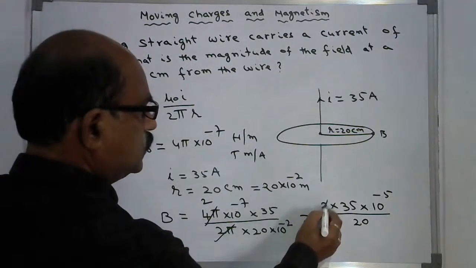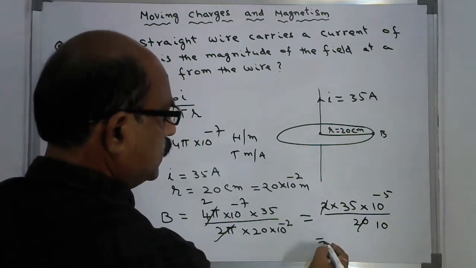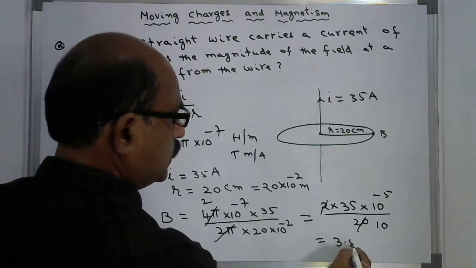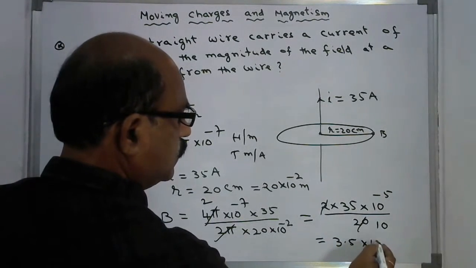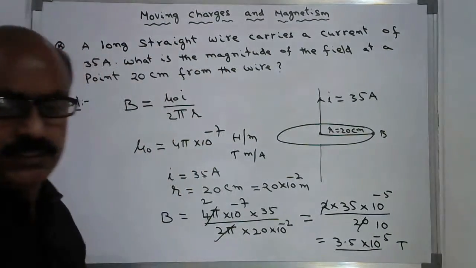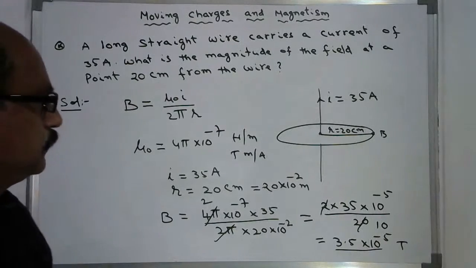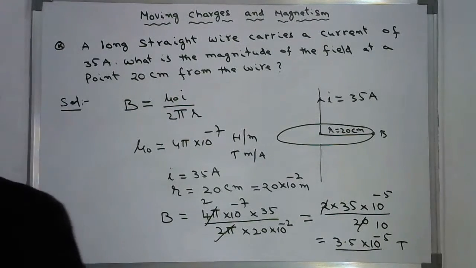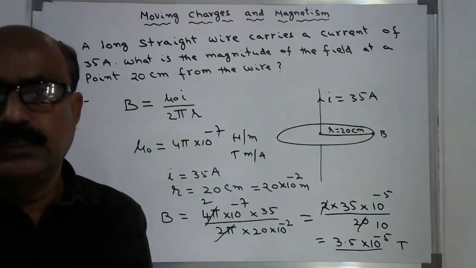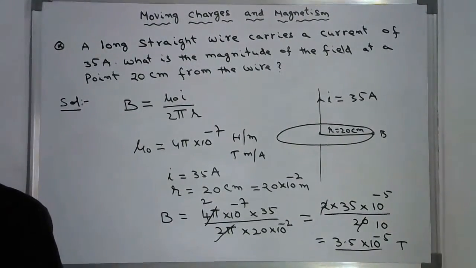Now this becomes 10, so this becomes 3.5 into 10 power of minus 5 Tesla. This is the answer for this problem. This is how we have to determine the magnetic induction due to a current carrying straight conductor.